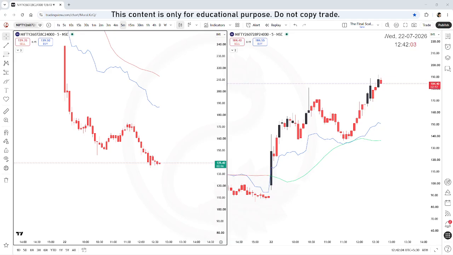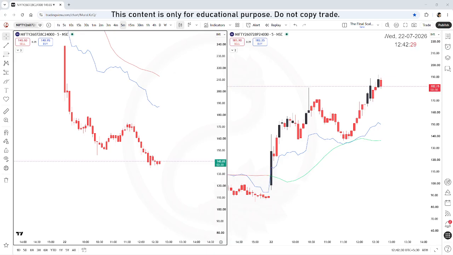In the Indian context, the exchanges are BSE and NSE primarily. So these exchanges create futures and options contracts and we trade them. But a synthetic futures contract is something that we can create on our own. That's why it is called synthetic futures. So that's the definition.